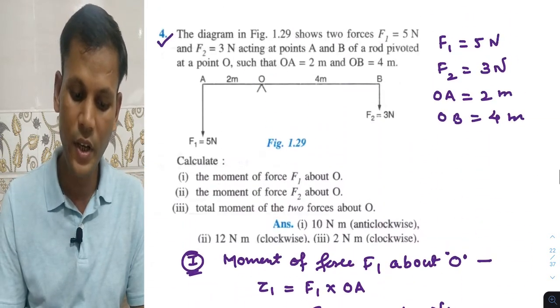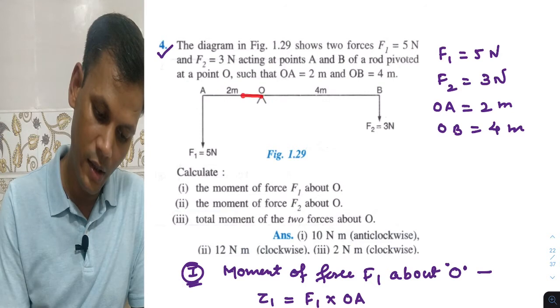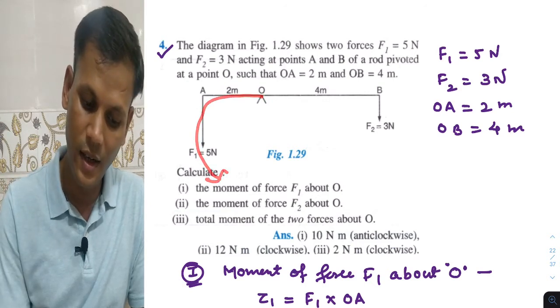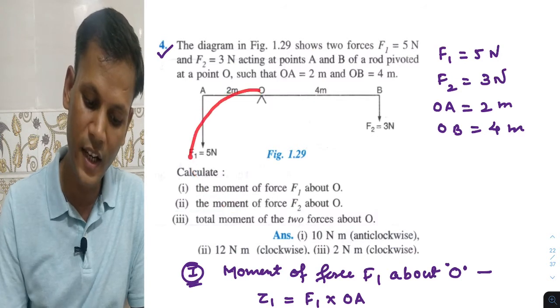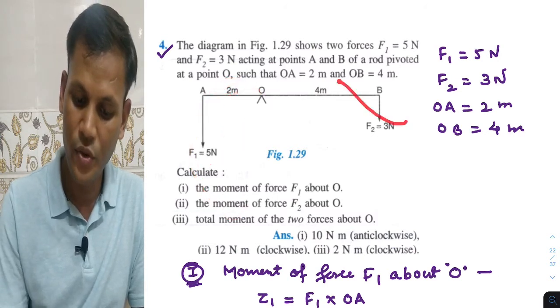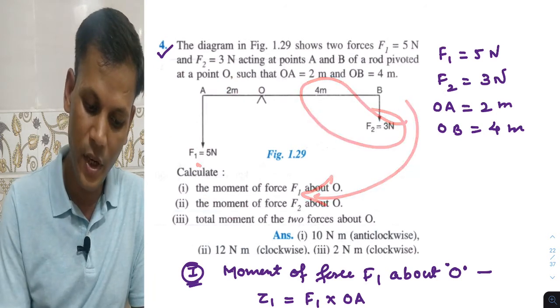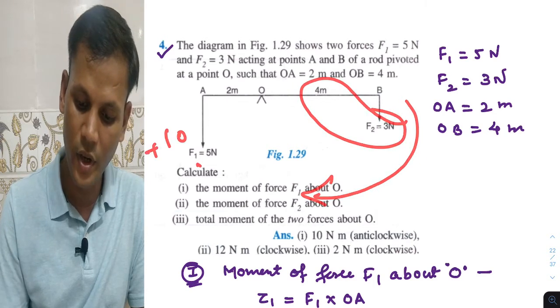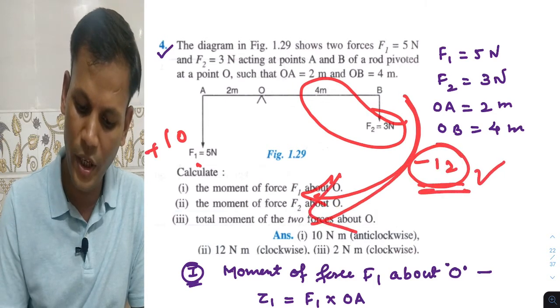So again, we can see this torque is anticlockwise. Anticlockwise is taken as positive. So this is plus 10 and this is minus 12. So this moment will be more.